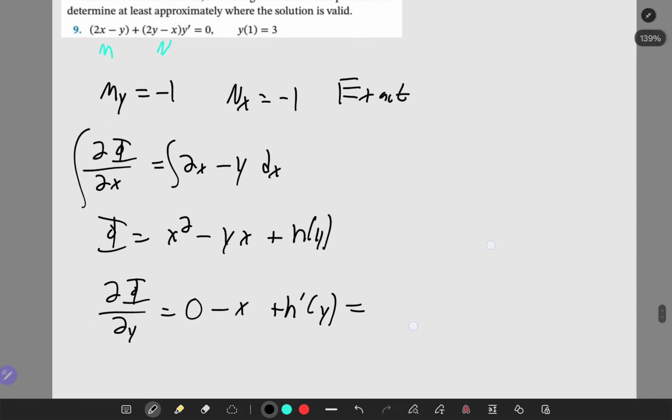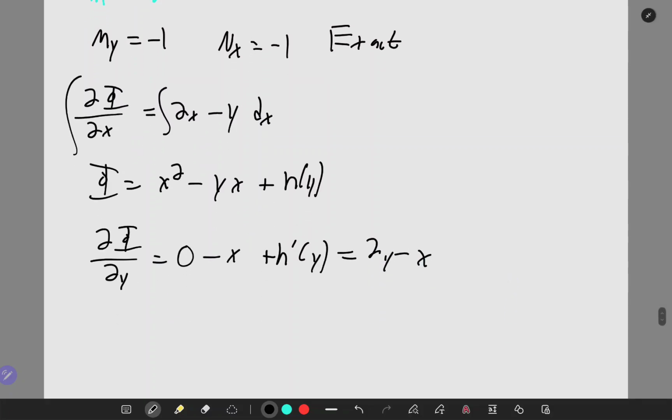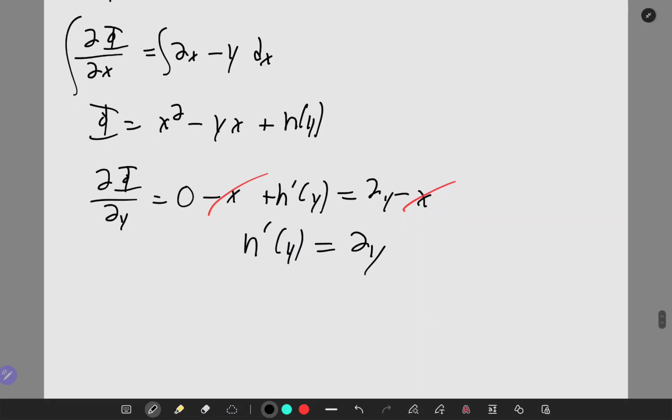Set that equal to d phi dy, which is this up here, 2y minus x. Very lucky. The minus x's cancel. We're left with h prime of y is equal to 2y. Integrate both sides. H of y is equal to y squared, right?